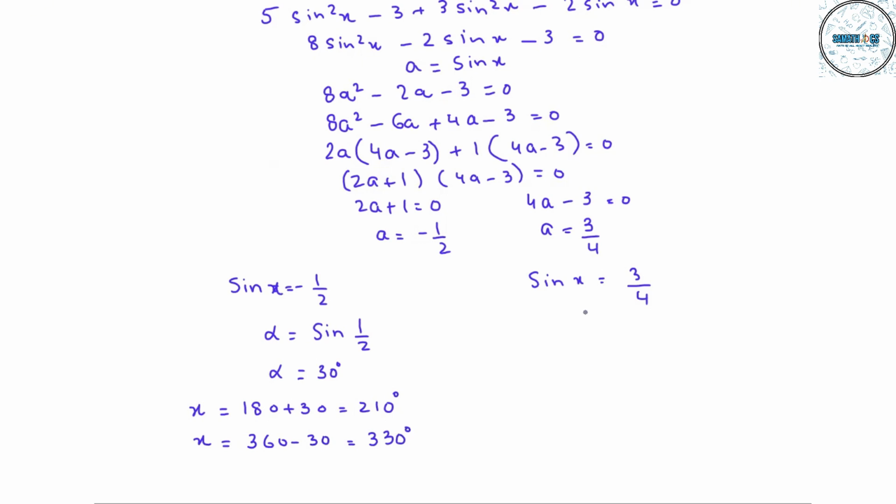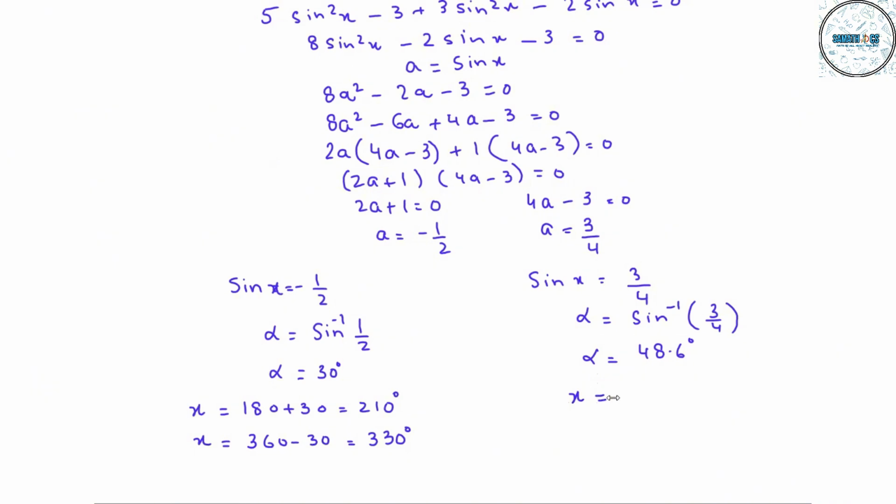When we solve this, alpha is equal to sine inverse of 3 upon 4. So alpha is equal to 48.6 rounded off to 1 decimal place. As sin x is positive here, we have to consider first and second quadrant.